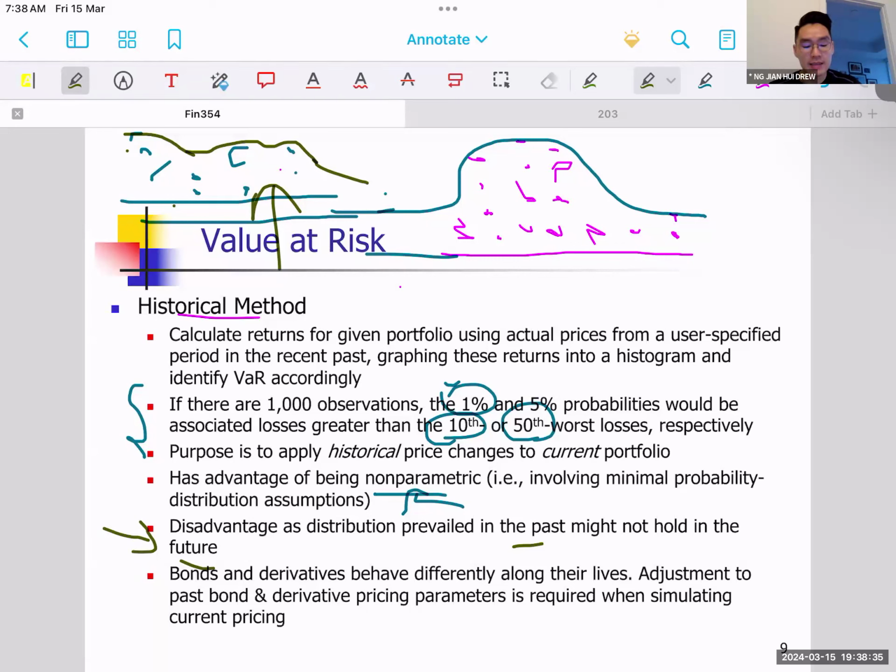Next, bonds and derivatives also act very differently in terms of the life of the asset. We know that for bonds, we need to consider the convexity of the bond. We talked about it quite a bit in the last few lectures. The convexity meaning as the life of the bond progresses, we see a concavity of the bond. Okay, I'm just going to do a small recap.